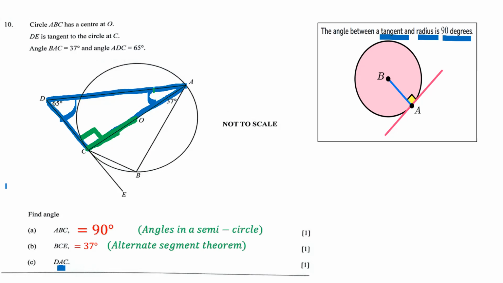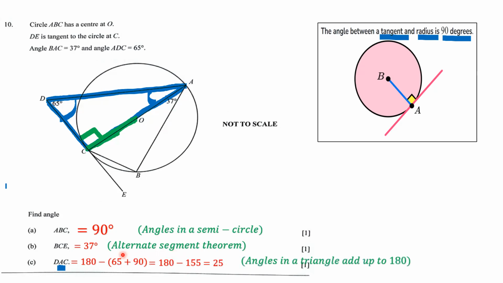To do that, we have to remember that angles in a triangle add up to 180 degrees. So first we have to add 65 and 90, and then subtract that sum from 180 degrees. So we have 180 minus 155, and that is definitely going to be 25 degrees.